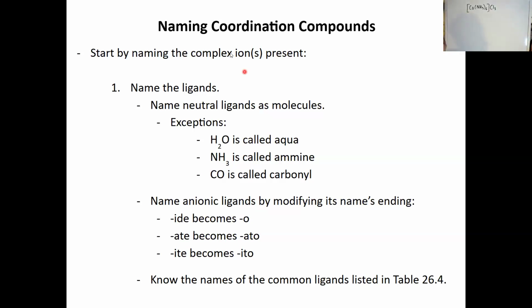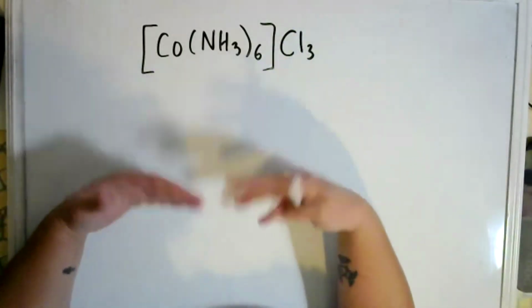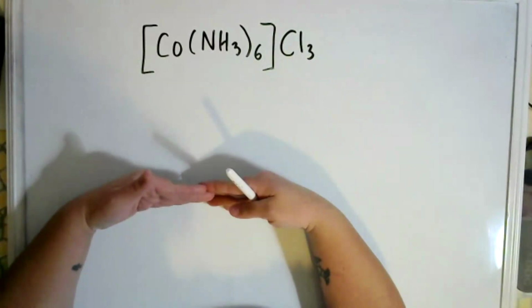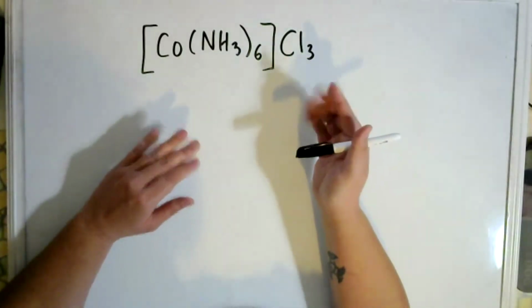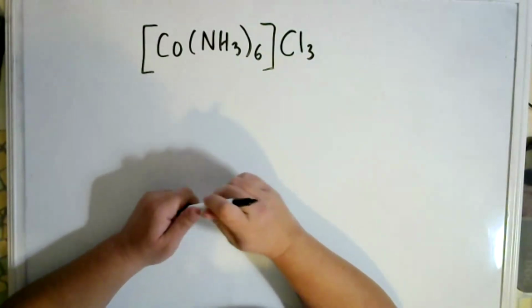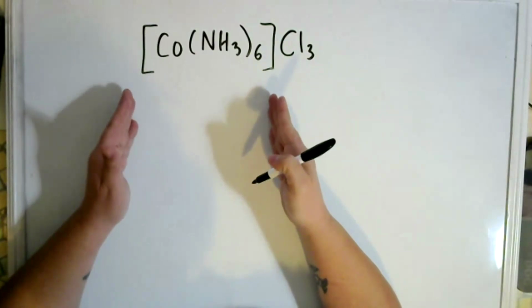The first thing that you want to do when you are going through the naming process is look at your compound and decide whether the complex ion that you're working with is going to be an anion or a cation. You can tell this by the position of the brackets.